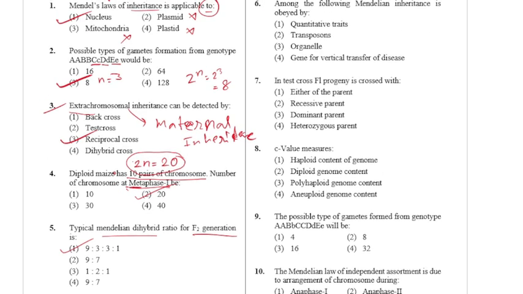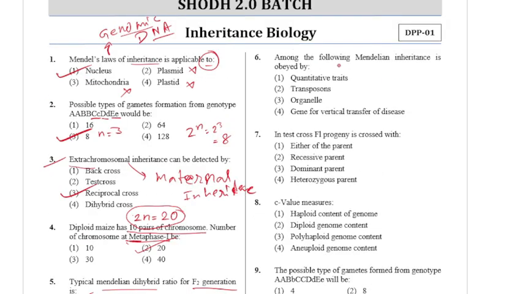Next, question number 6. Among the following, Mendelian inheritance is obeyed by. Transposon doesn't obey Mendelian inheritance because it transposes from one site to another locus, so it can't follow Mendelian inheritance.